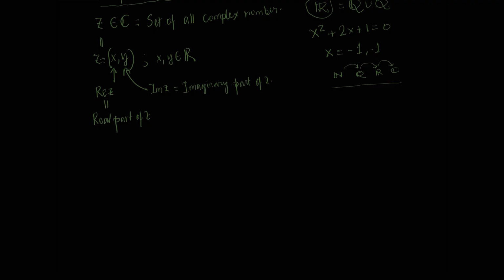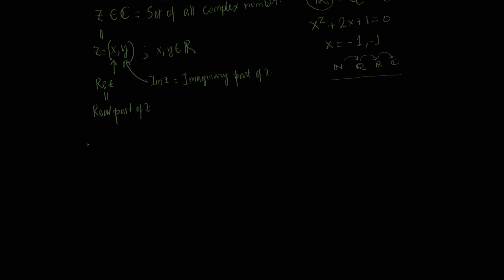Okay, so first of all, let us understand one very simple thing. By definition, if I am saying z1 equals z2, that will imply, this is by definition, if z1 equals x1 and y1, and z2 equals x2 and y2, then z1 and z2 being equal means x1 equals x2 and y1 equals y2.